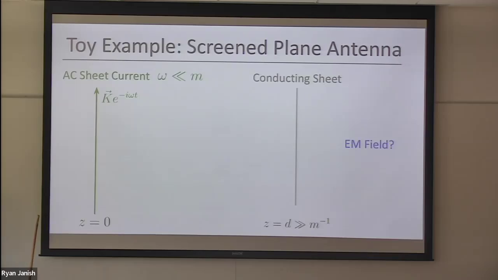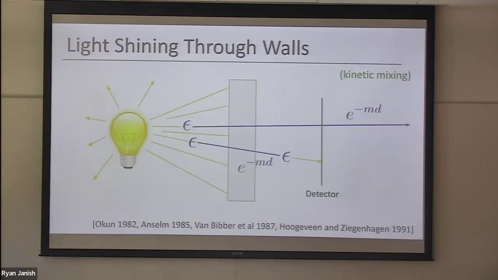Can I actually ask one question related to the previous picture? If you really want the conversion to happen right before and right after the plate, could you put dielectrics there to get some resonant conversion, to get the plasma mass of the photon to match?